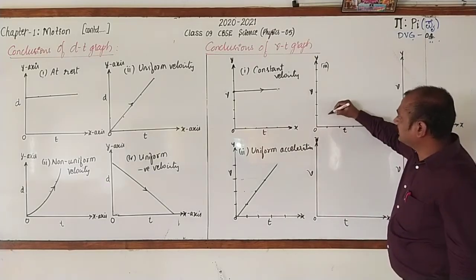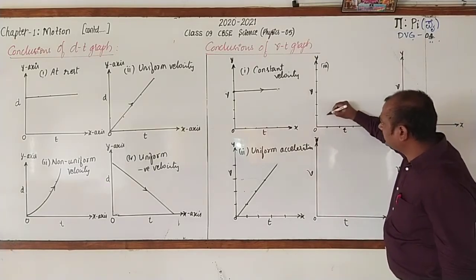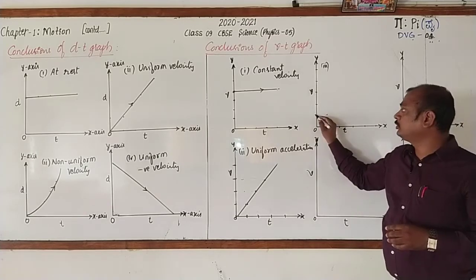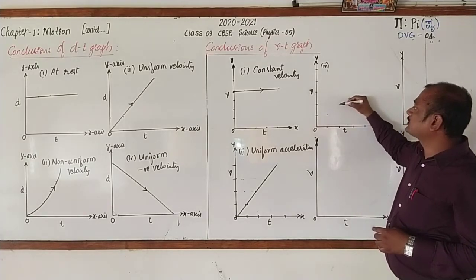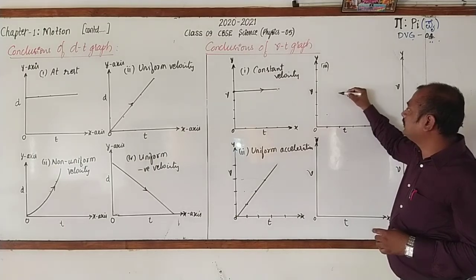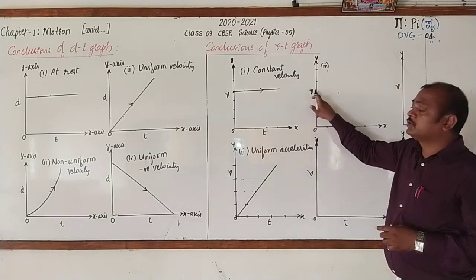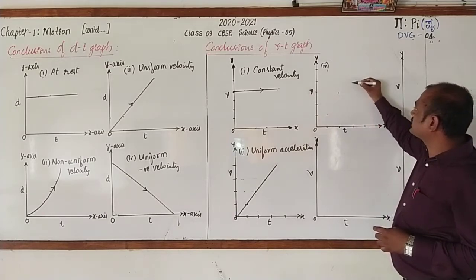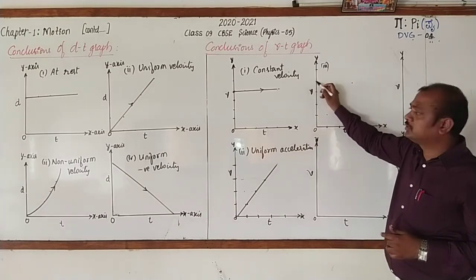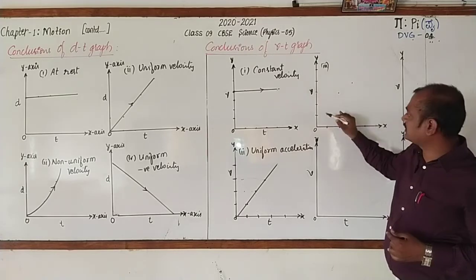Then in 1 second, the velocity of a body has come to 2 meter per second. In 2 seconds, the velocity of a body all of a sudden has increased to 6 meter per second. Then in 3 seconds, the velocity of a body comes to 8 meter per second.